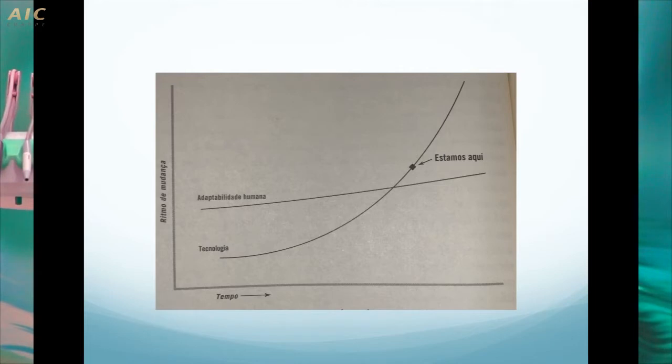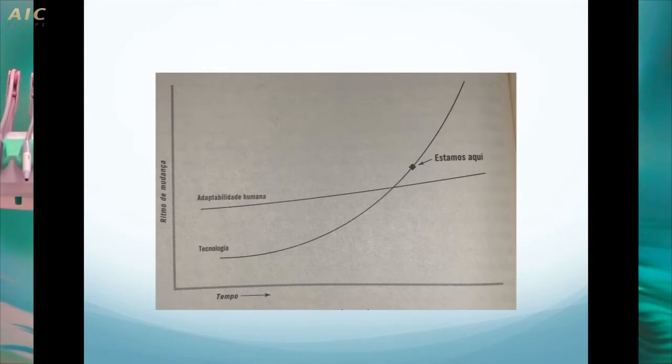And we as a society are developing, and our human adaptability is also growing. Between the 7th and 18th century, we took like 100 years to adapt, and now we adapt in 5 to 10 years. It's fantastic.